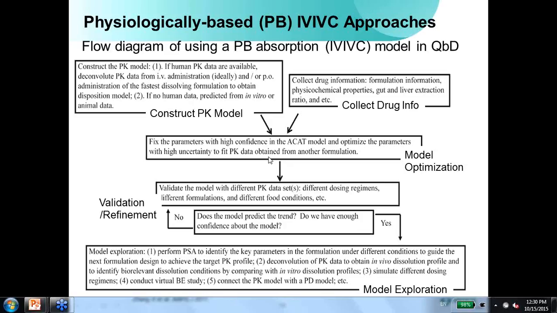Sometimes it also has to be balanced between model excellence and the practical situation, because sometimes we don't have lots of data sets to work with, and of course, if you have fewer verification steps, the range of utility will be relatively limited.